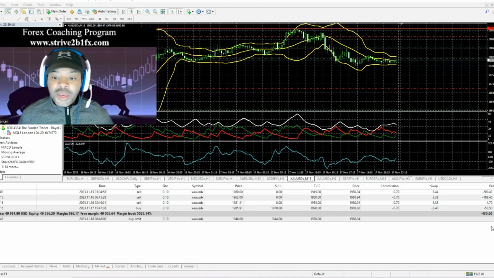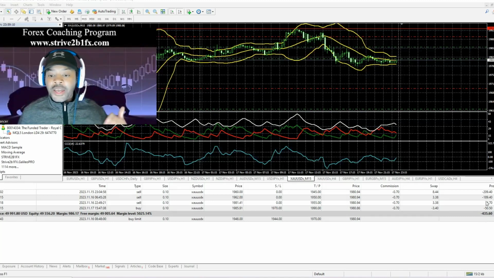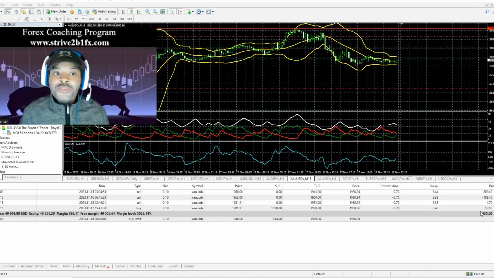And then if I can manage this negative $435, but then add like $400 in profit, then if these trades are still open, I can close these trades and I can still end up breaking even.